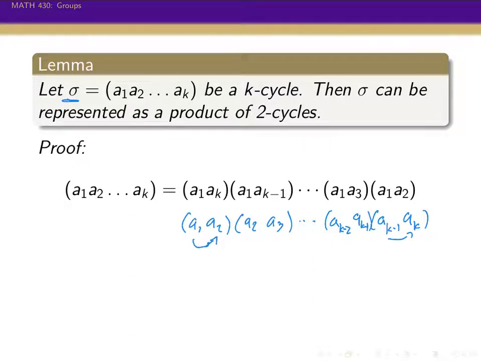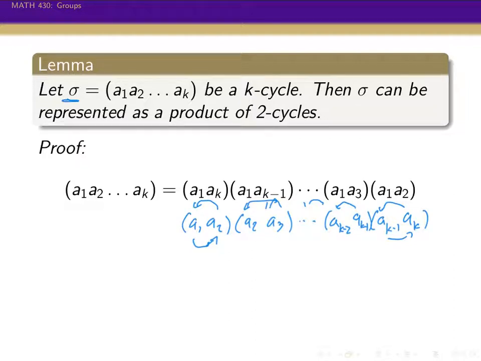The interesting thing is what happens to A_K. So A_K gets sent to A_{K-1}, and then that gets sent in the next one to A_{K-2}, and it keeps bouncing back all the way. You get A3, and then A3 gets sent to A2, and then finally A2 gets sent to A1. So A_K in this one gets bounced one by one all the way back to the end.